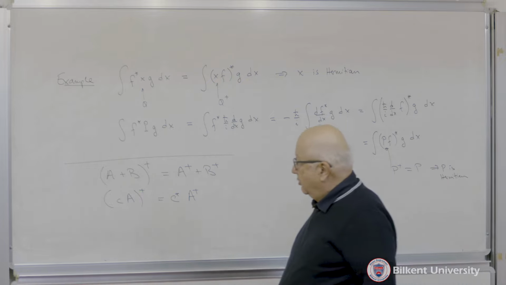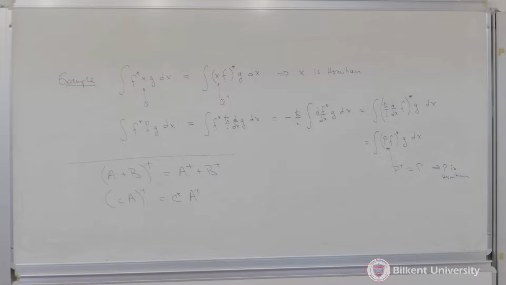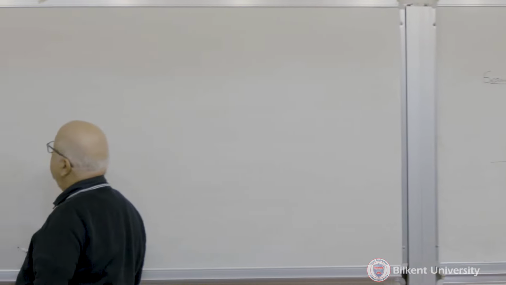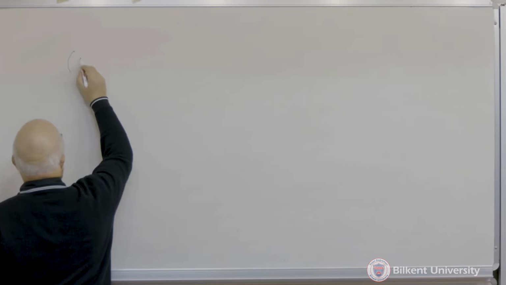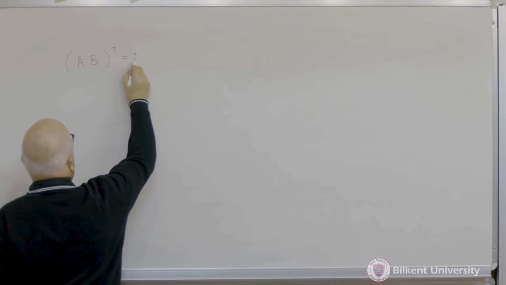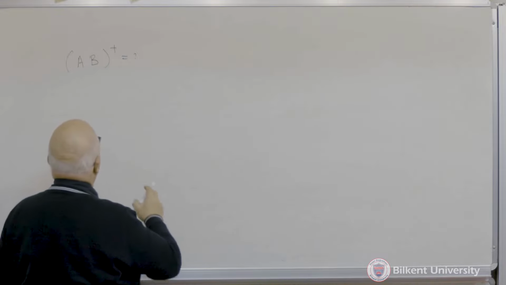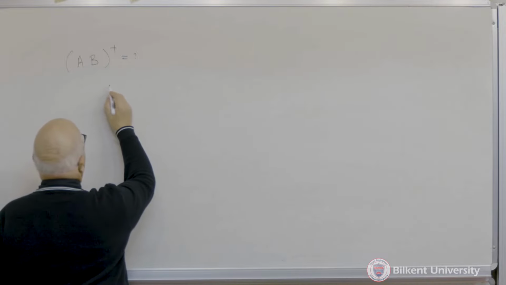What else? Let's just work out something like what is the adjoint of a product of two operators. So what is, for example, (A B) adjoint, for two operators? What is it equal to? Let's just look at that.